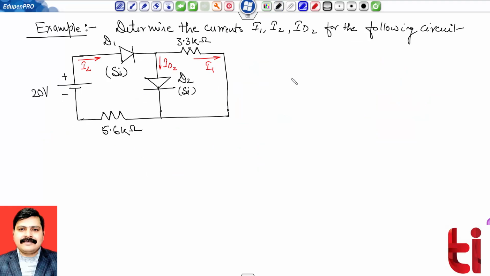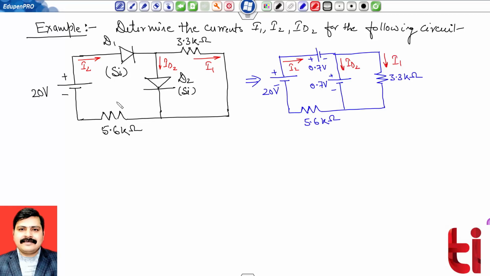For this problem, we have to determine the currents I1, I2, and ID2. Sufficient voltage is given: a 20 volt external supply. So let us find the equivalent circuit.